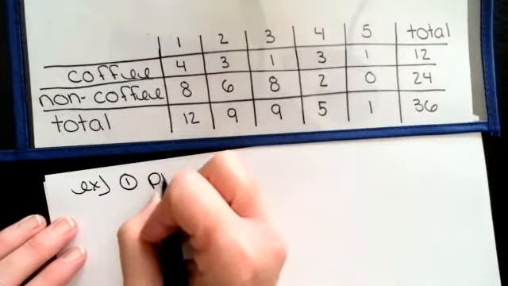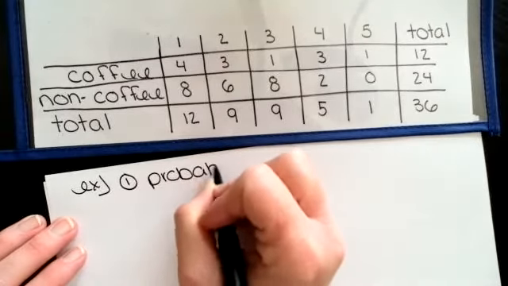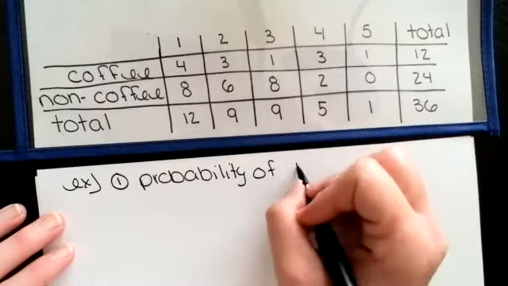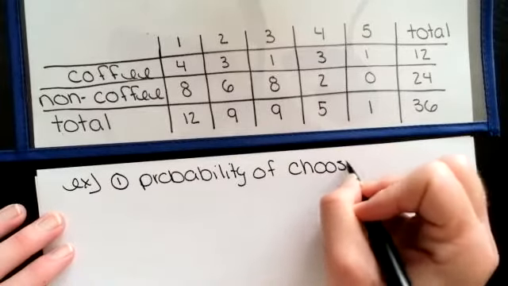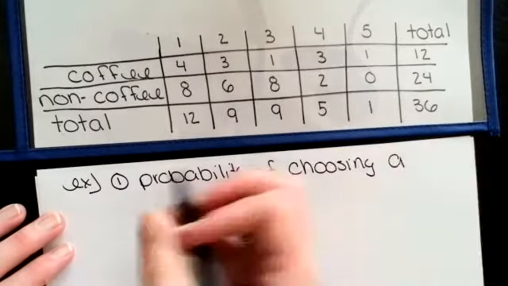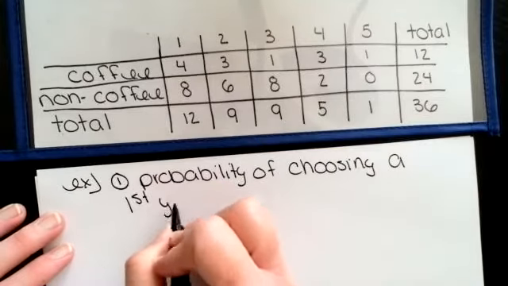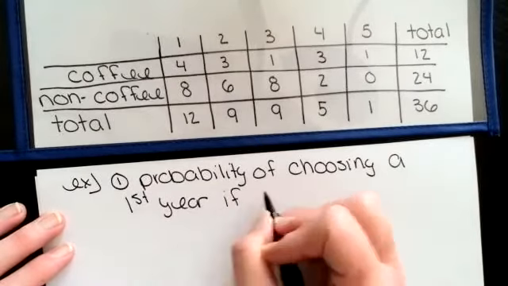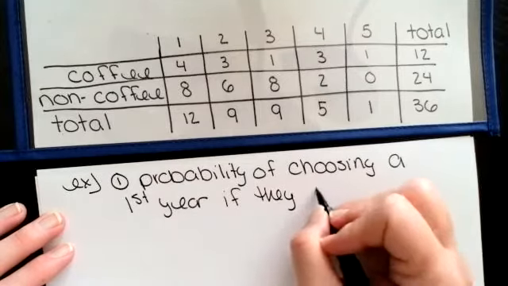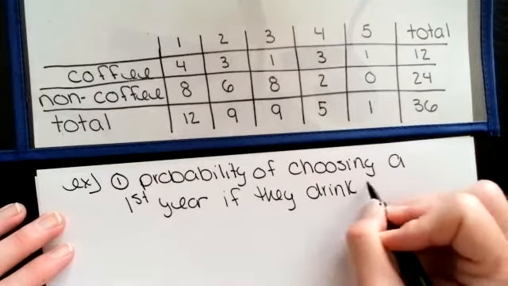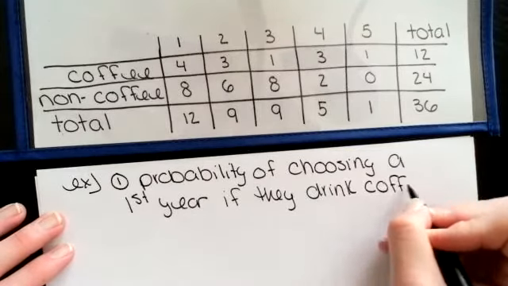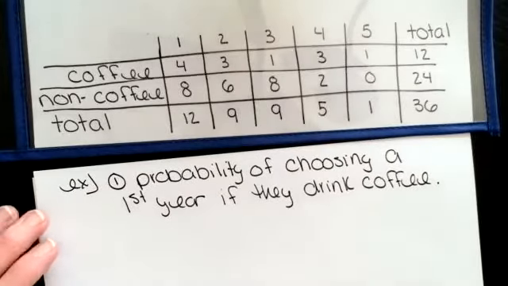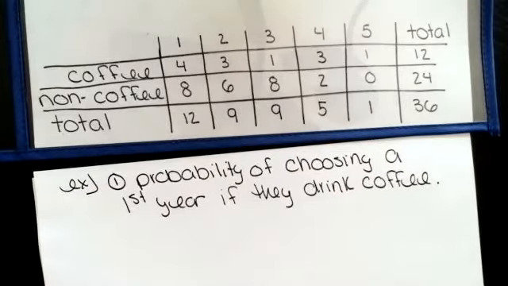So the probability of choosing or selecting a first-year student if they drink coffee. So I want to know, what is the probability of choosing a first-year student if they drink coffee?